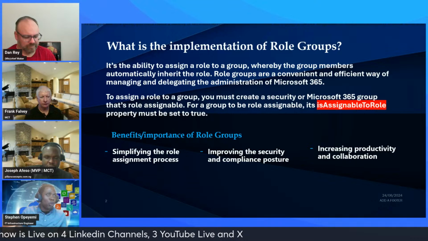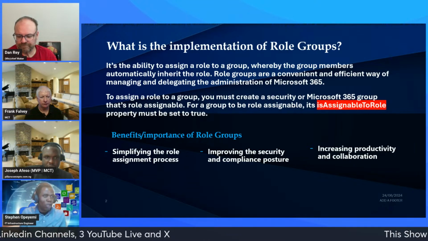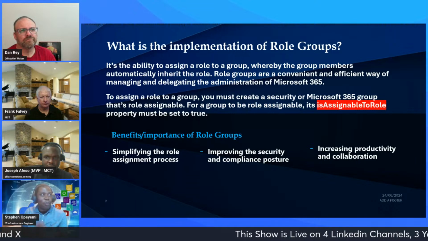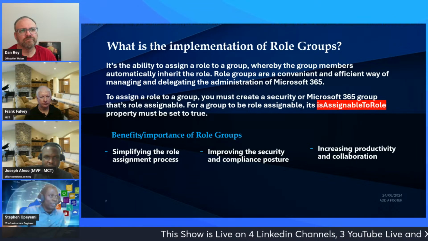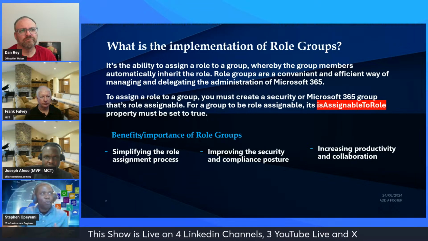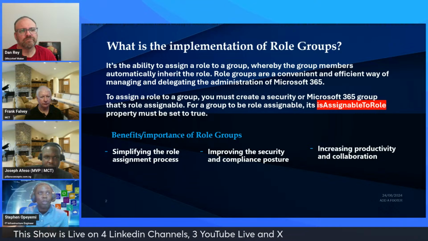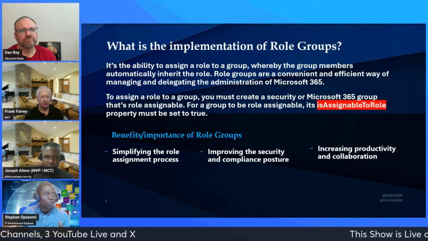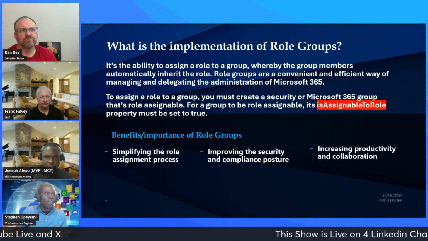There are some groups you create that are just normal groups. You understand? It's not role assignable. So this particular group you are creating must be role assignable. For a group to be role assignable, the property will be set to that.